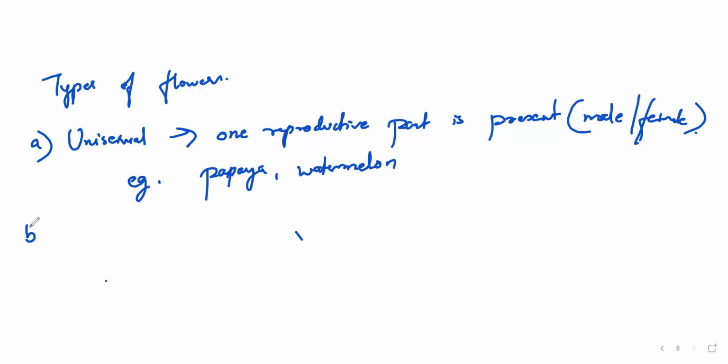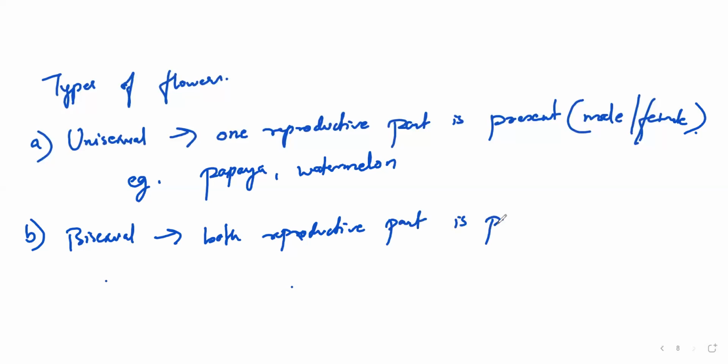What is a bisexual flower? Bi means two. So here both the reproductive parts, that is stamen and carpel, will be present. Bisexual is also termed hermaphrodite.